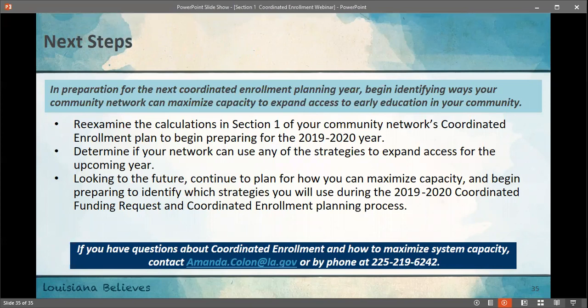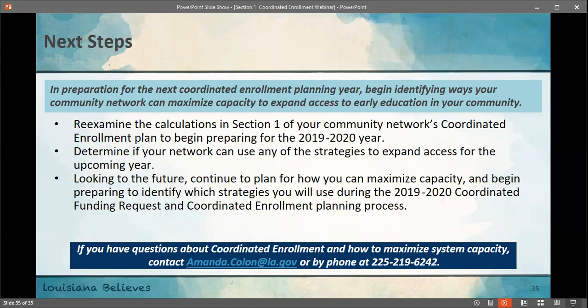Okay, so in preparing for your coordinated enrollment in your upcoming planning year, I'd like for you to be thinking about identifying ways that you can, in your community, maximize capacity and expand access for our kids.